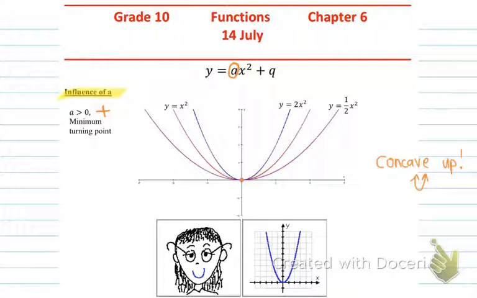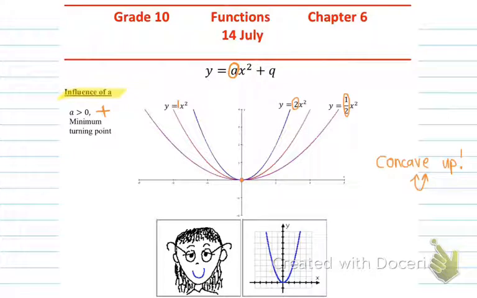Then, what is the other influence of a? Let's look at these lines. When I have the purple line, I have a value of a half. When I have the red line, the a value is 1. And the a value of the blue line is 2. So here I can see that the greater the a value, the nearer the arms of the parabola will be to the y-axis.